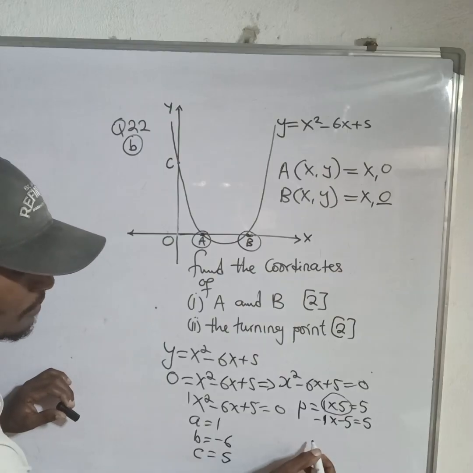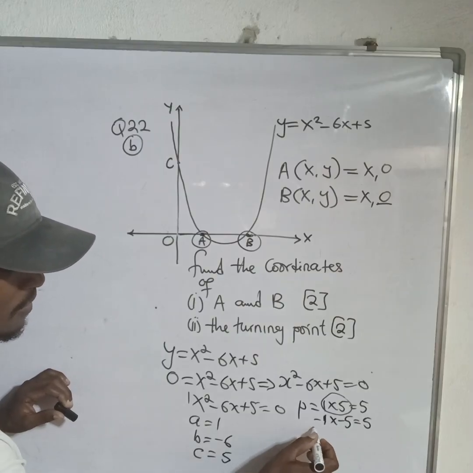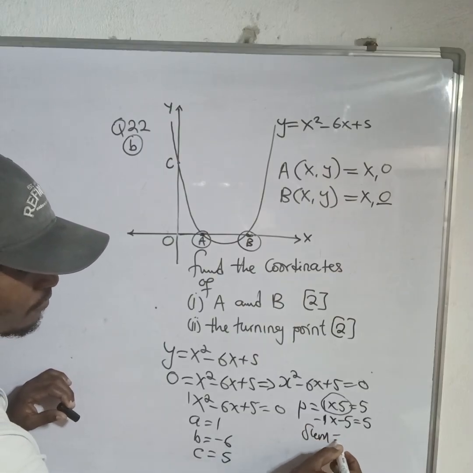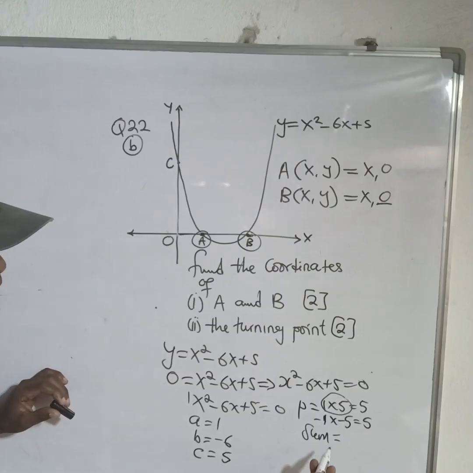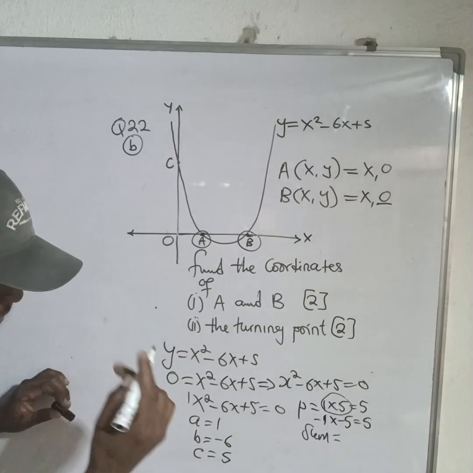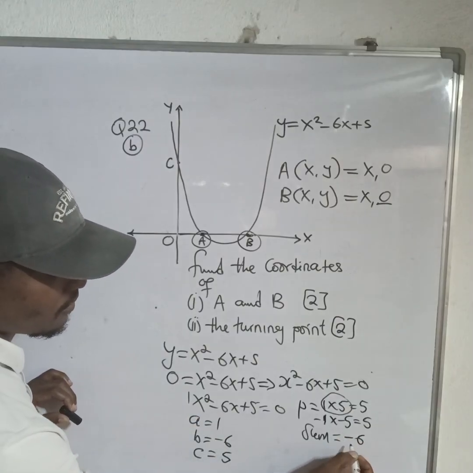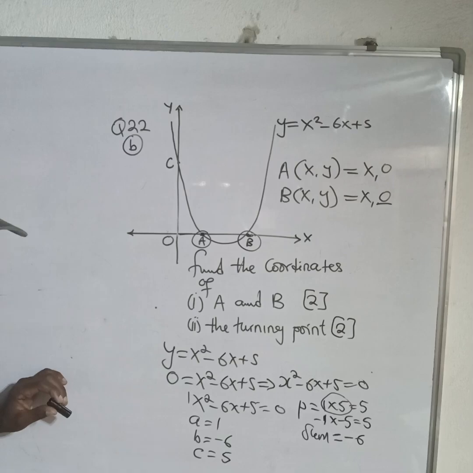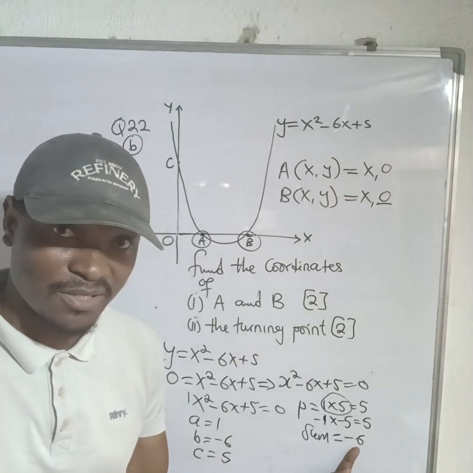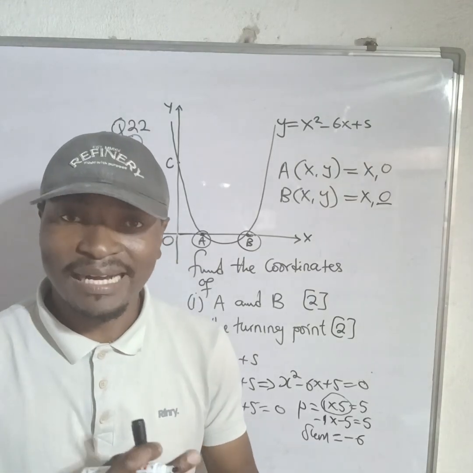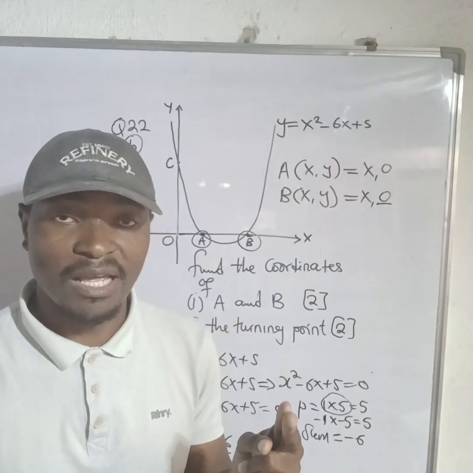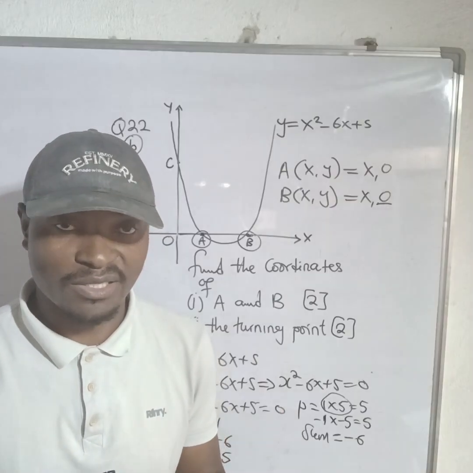From there, I'm going to find the sum. The sum comes from the factors. You look at what your sum is. Your sum here is negative 6. So you ask yourself, this sum means we are adding the two numbers that are going to give us negative 6.